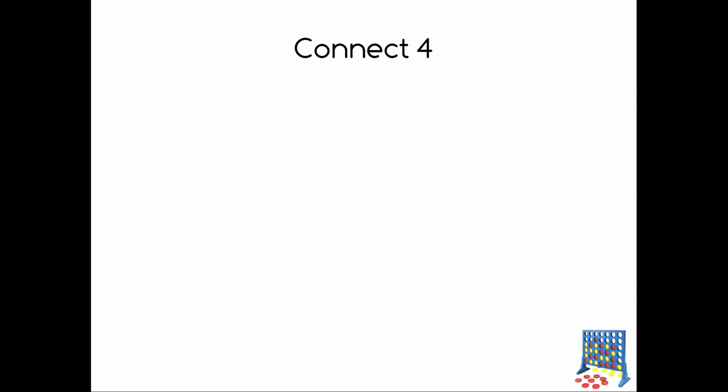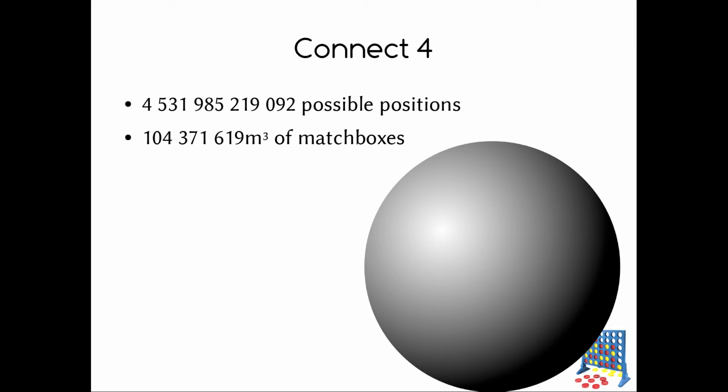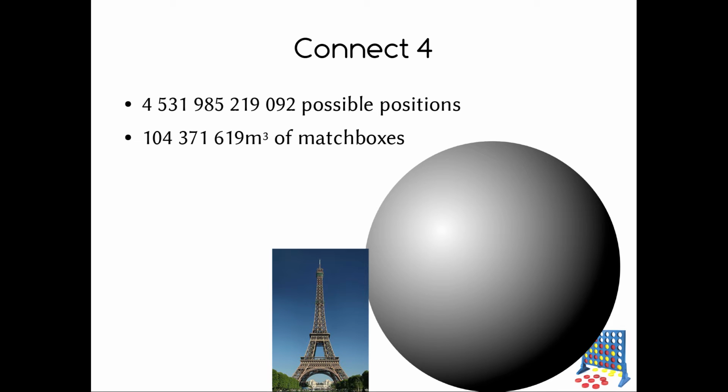In Connect 4, there are about 4 trillion possible positions, which would mean this many meters cubed of matchboxes. A good way to visualize this: if you put those matchboxes in a sphere, the radius of that sphere would be the height of the Eiffel Tower. So already Connect 4, which doesn't seem that much more complicated than noughts and crosses, is very, very big and difficult to solve this way.